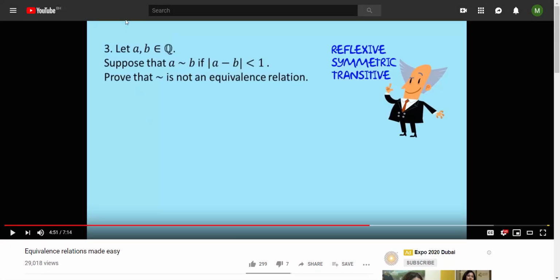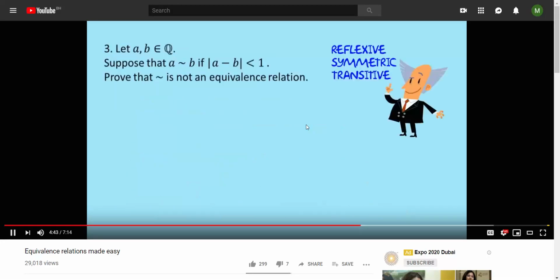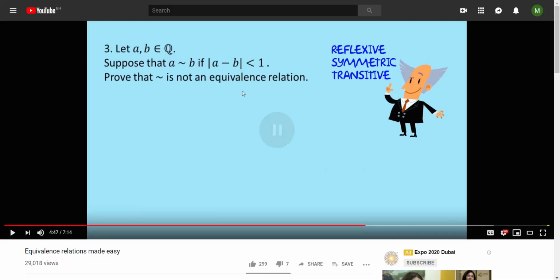Now let's see this. Let A, B be elements of the set, what is this? I'm not sure what the Q is again. Complex number? I'm not sure.